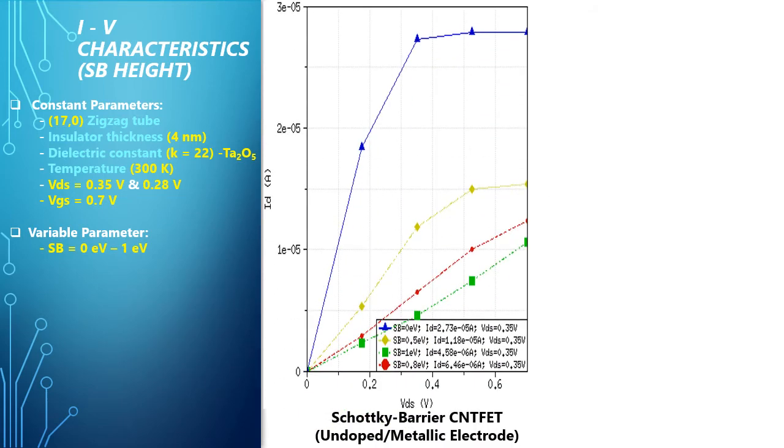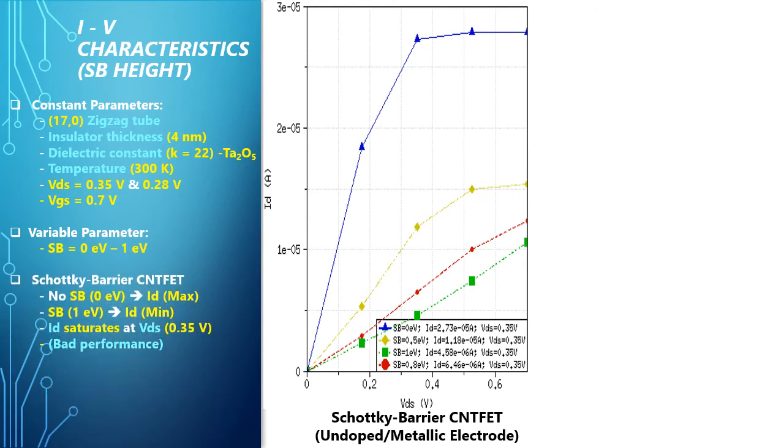The first diagram shows the Schottky barrier CNTFET performance by changing the Schottky barrier. When no Schottky barrier is evident, that is 0 electron volts, the ID, the drain current, is maximum, while when the Schottky barrier is 1 electron volt, the ID is minimum.